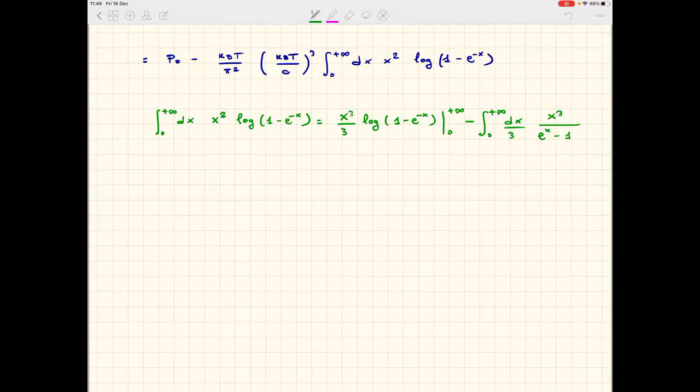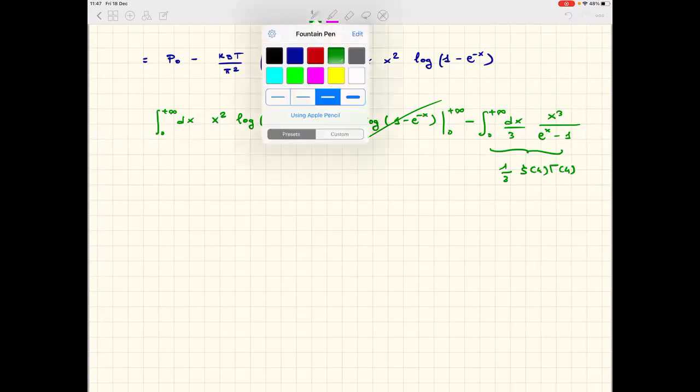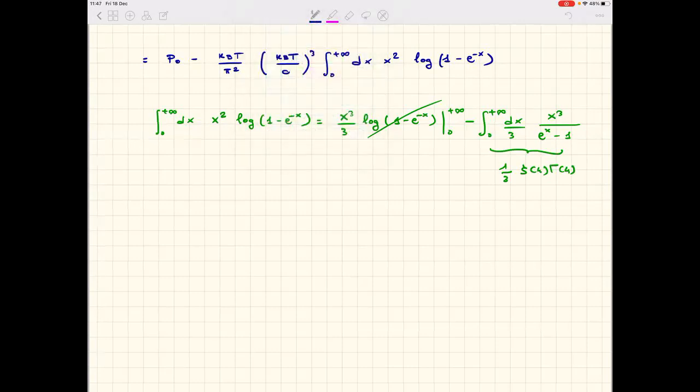So I'm evaluating this integral by parts. And then this one is 0, and from this I get minus 1/3 times zeta 4 gamma 4.